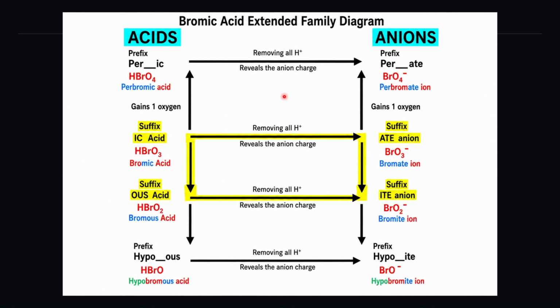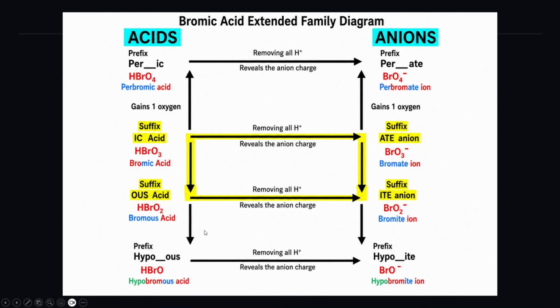They would also contain 8 family members. Notice that the big family contains the -ic, -ate, -ous, -ite suffixes. But what makes this family different from the rest is that it contains 2 extra family members in the very bottom and 2 in the very top.